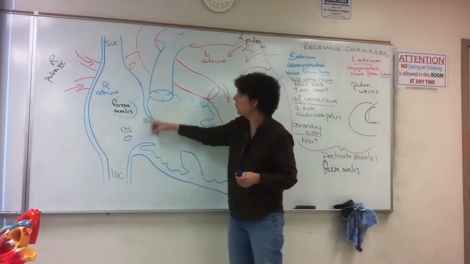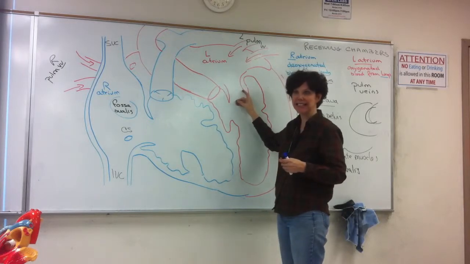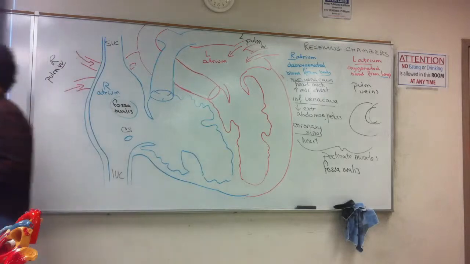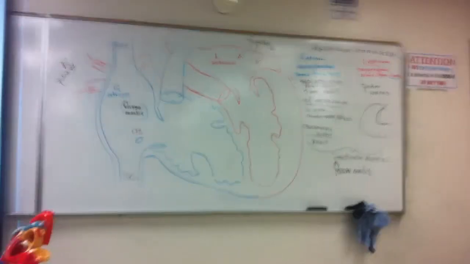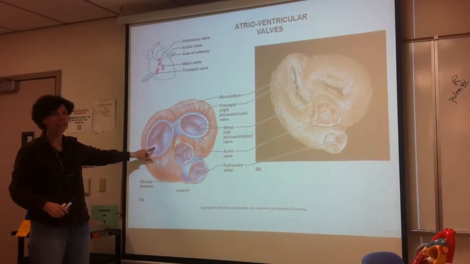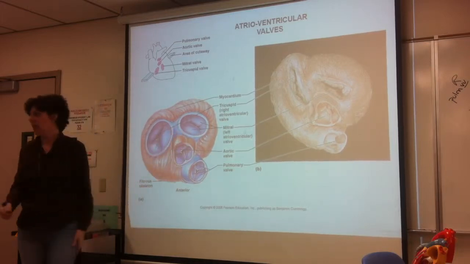It goes through an opening surrounded by valve leaflets known as the atrioventricular valve. And you can see those right here. The right side has 3 leaflets called tricuspid, and the left side has 2 leaflets, or bicuspid.